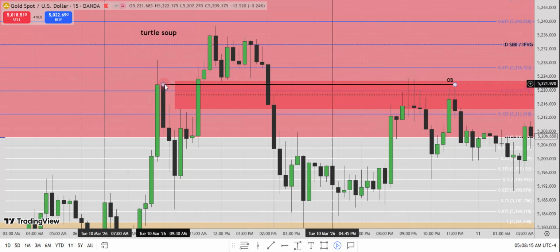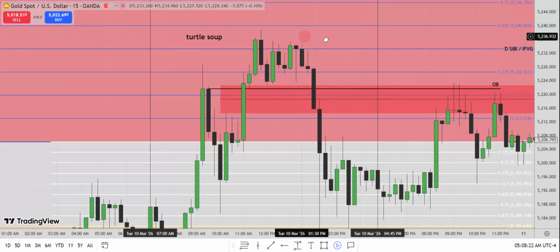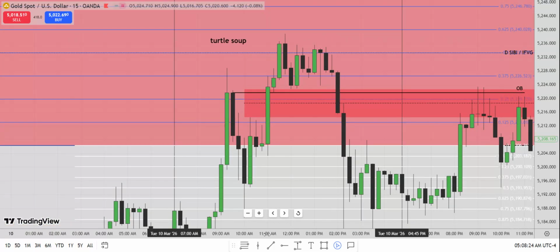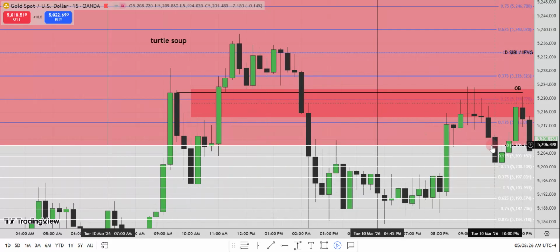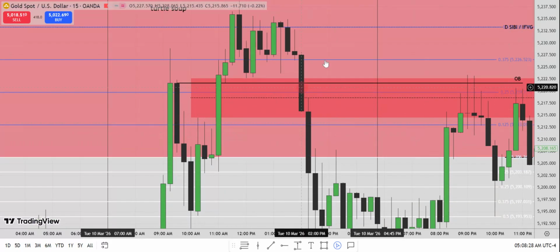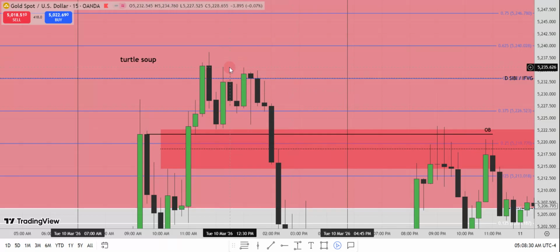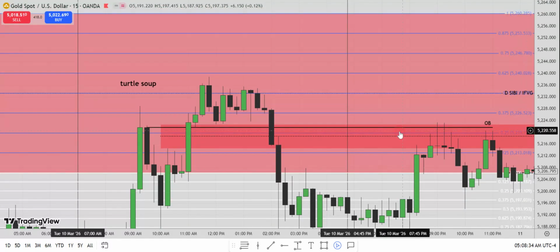This is a level. See this here? After this raid, price comes here, doesn't want to deliver higher. Remember, this is the consequent encroachment. You have this 1 hour CB here.